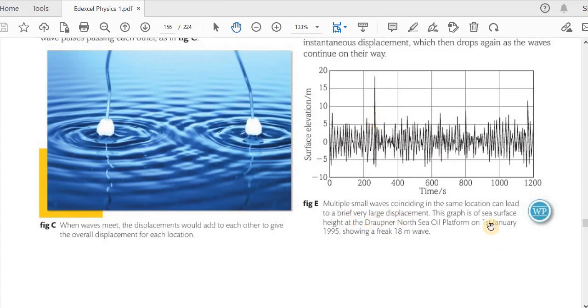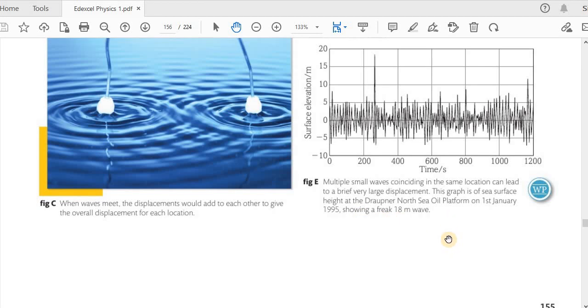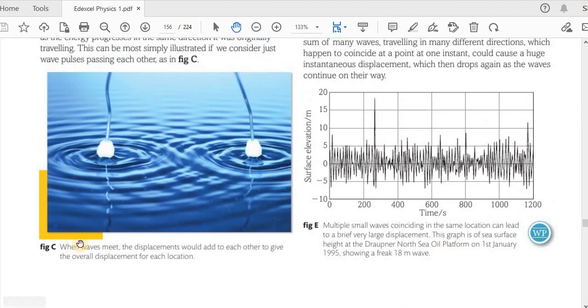This graph is of sea surface height at the Draupner North Sea oil platform on 1st January 1995, showing a freak 18-meter wave. Two waves meet, the displacements add to each other to give the overall displacement for each location.